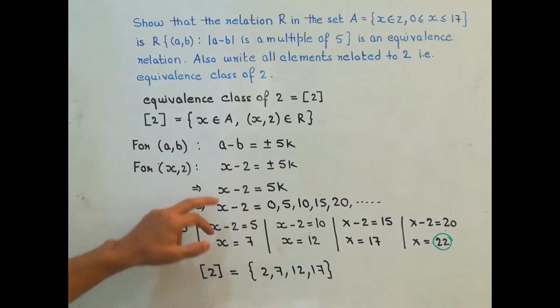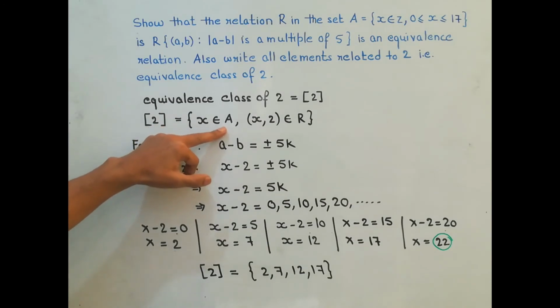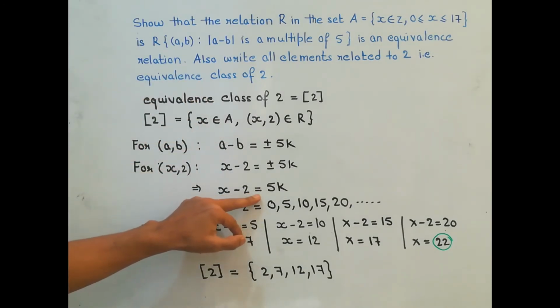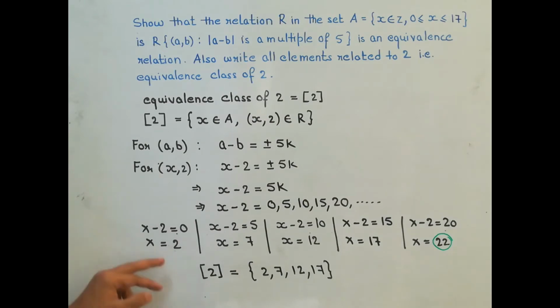So this will be the relation. But as x holds values from set A, and only positive values, we can say x minus 2 will be equal to positive multiples of 5. So these are the positive multiples of 5. One by one we will solve it, and we will select those values of x which satisfy the above relation. So you can pause and note this down.